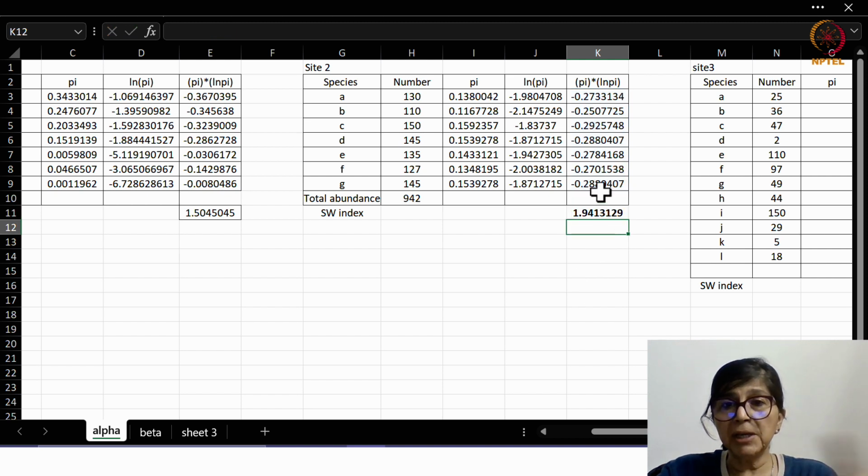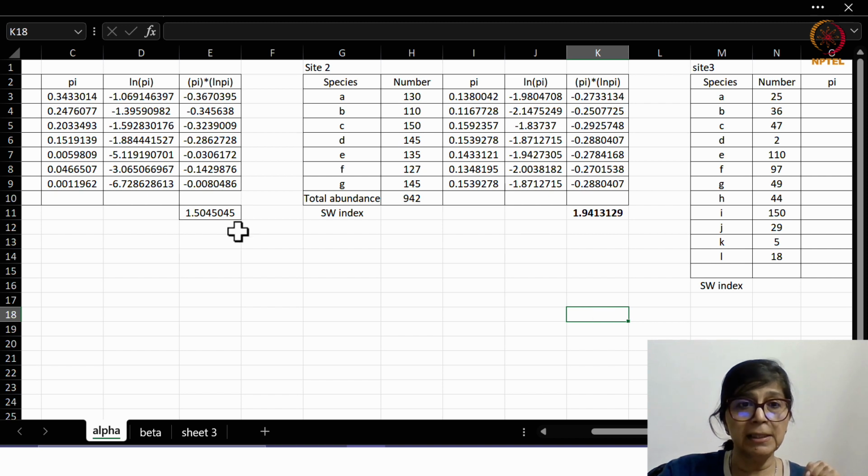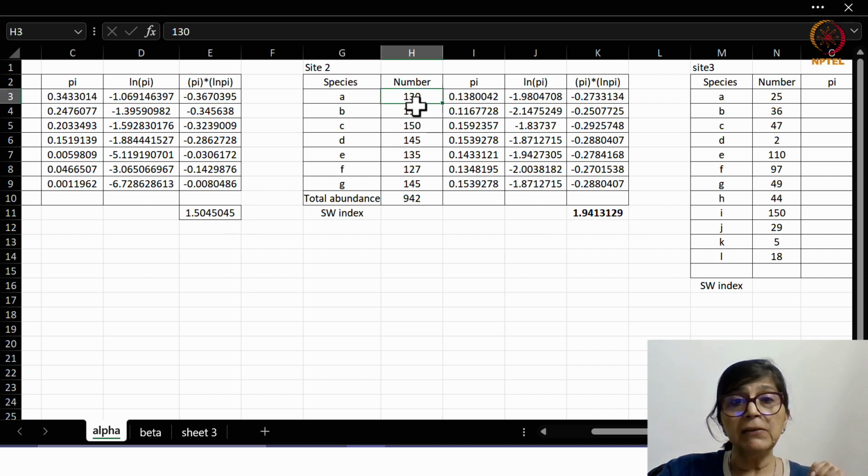Okay. So then because it is negative, now negative negative cancel, and now it becomes a positive. But the most important thing to note here is, you see, if the evenness now has increased in this site, then the diversity also increases.